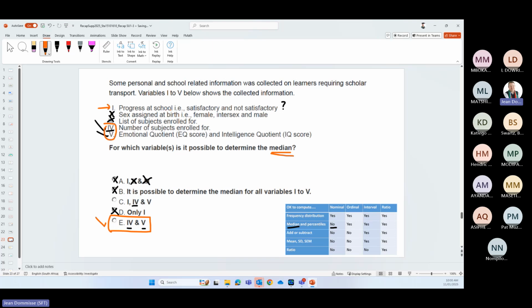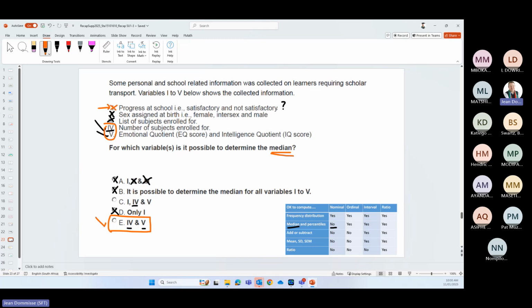That progress at school is nominal, so that is also incorrect. So that again is nominal. We've done the nominal, where was it? Way back where it was also looking at a yes or no. So yeah, I will also go with E.